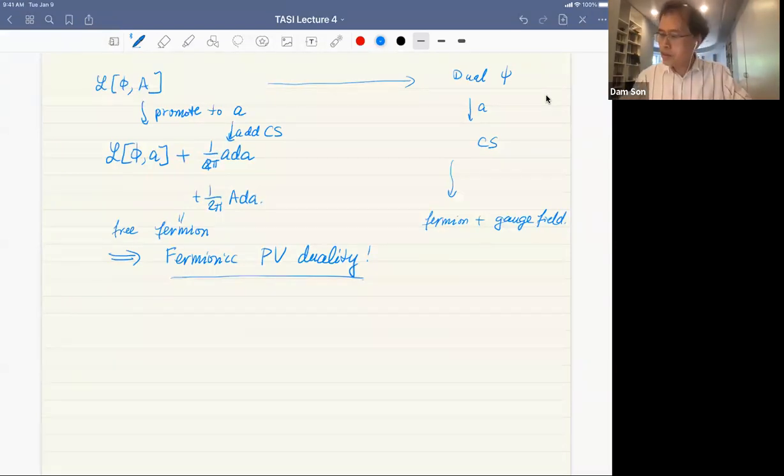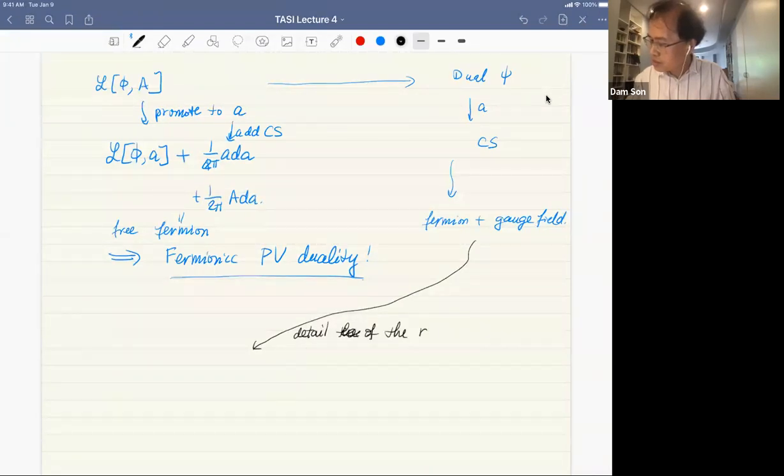Okay, so let me give you a little bit of detail of the result. This procedure gives us a theory that is slightly different from the theory that we call fermion coupled to a gauge field.